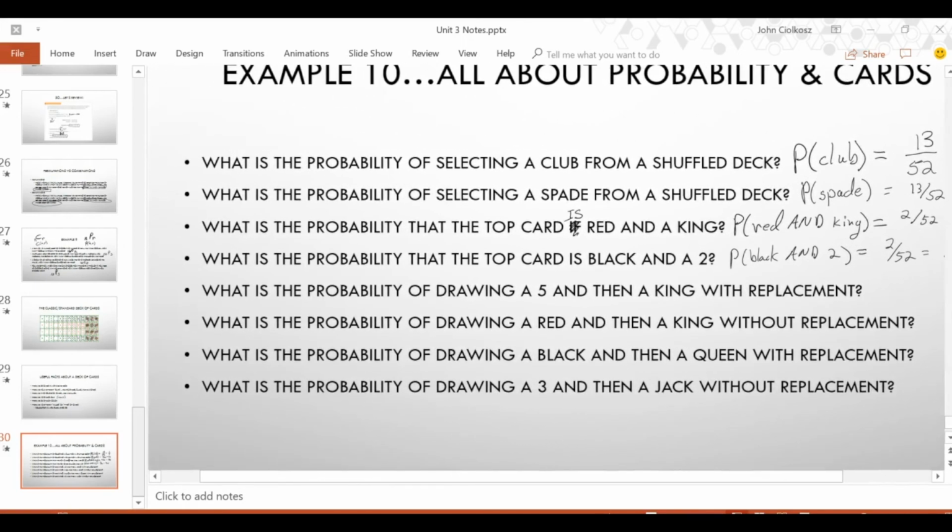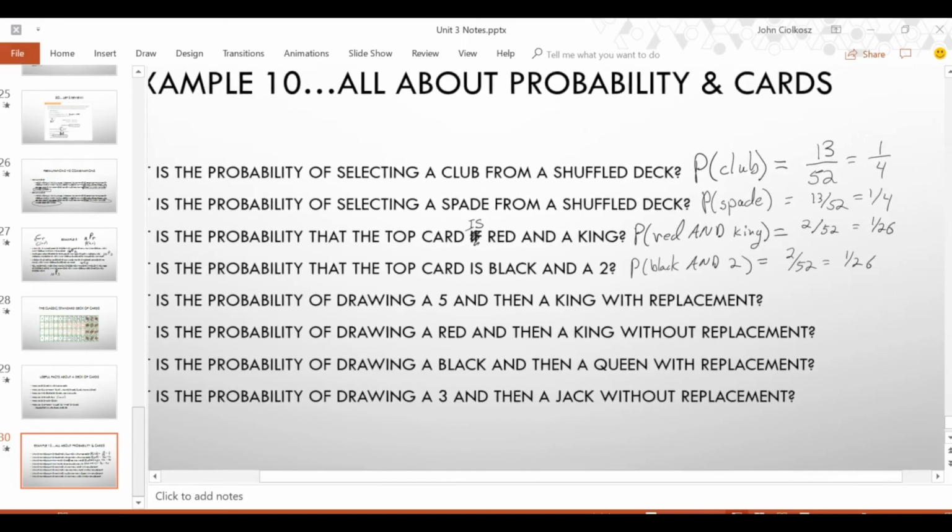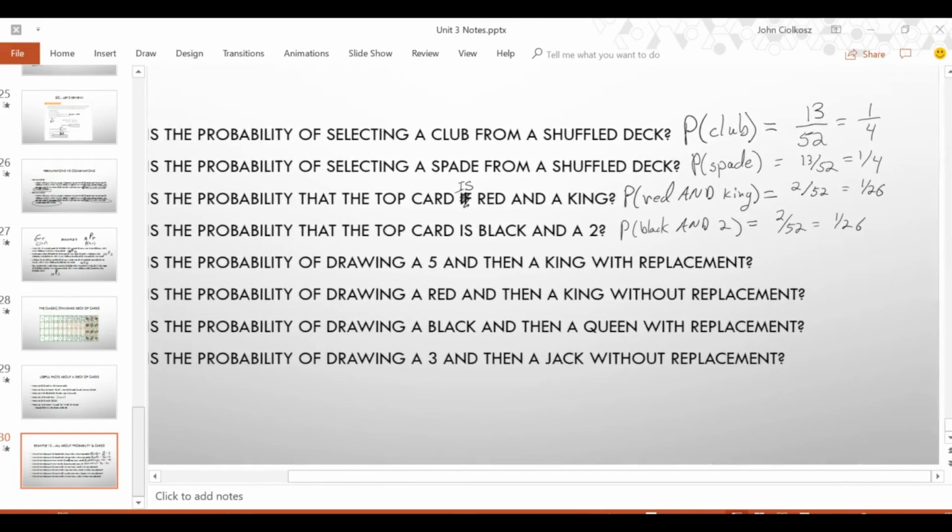All right, moving on here to our last 4. What is the probability of drawing a 5 and then a king with replacement? So here, how many cards am I picking up? 2, right? It's saying drawing this card and then doing this. And again, we got those with and without replacements. So we got to think our way through this a bit. We want probability of a 5 and king.